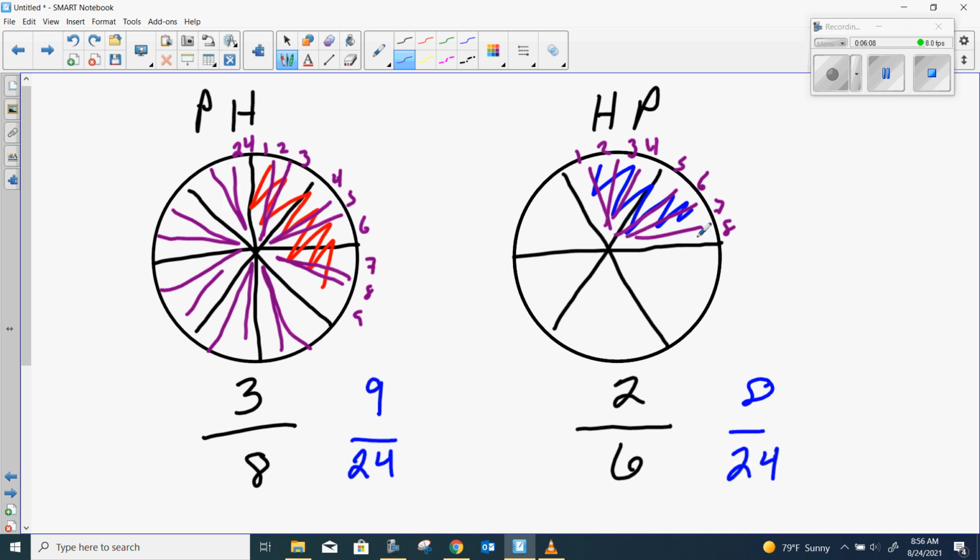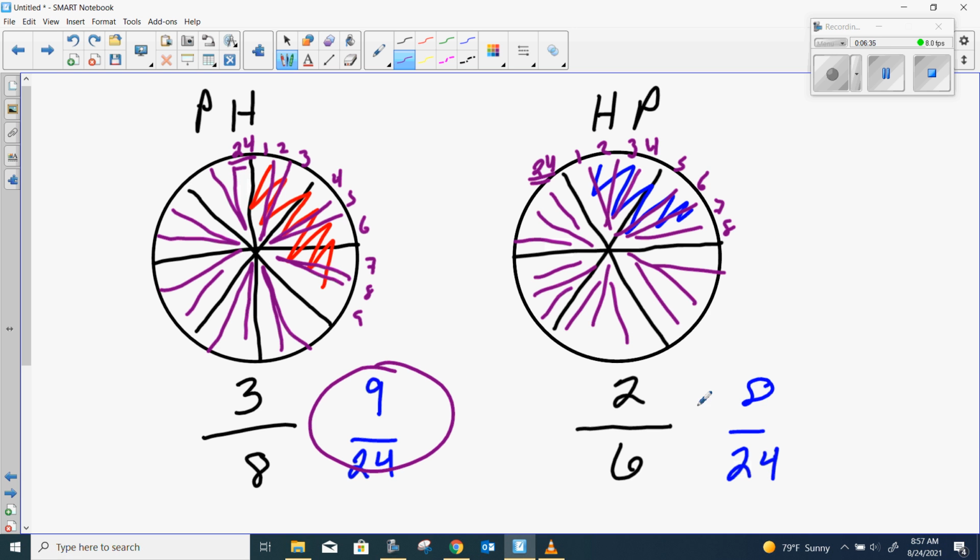So as you can see, if I broke them all up into individual pieces, I still end up over here with 24 pieces. The same 24 pieces, and now I can compare these pies as equals, and I know exactly how much I ate: 9 is bigger than 8, therefore I ate more at Pizza Hut.